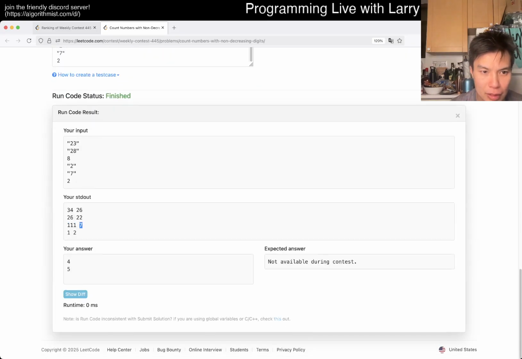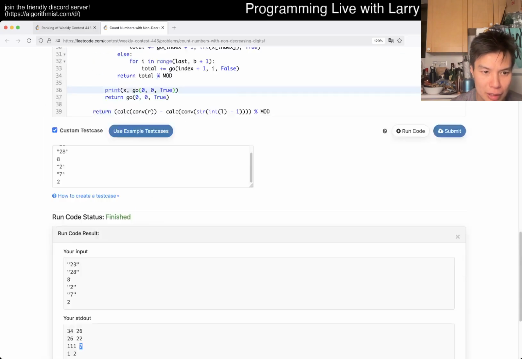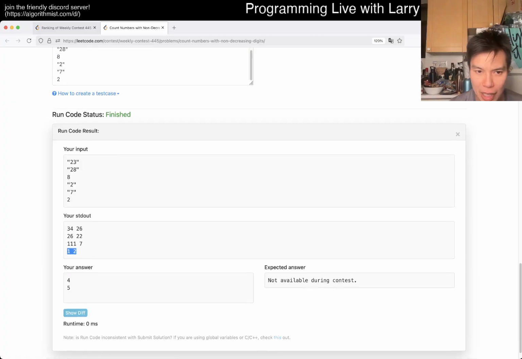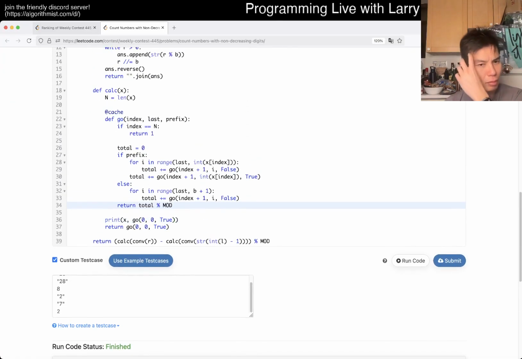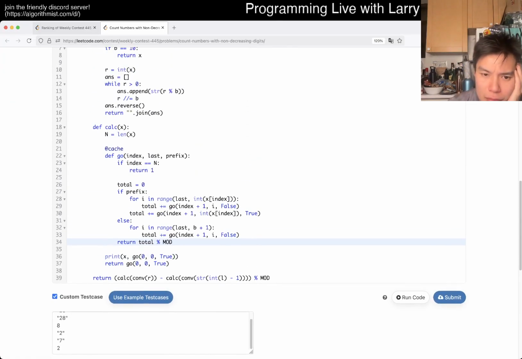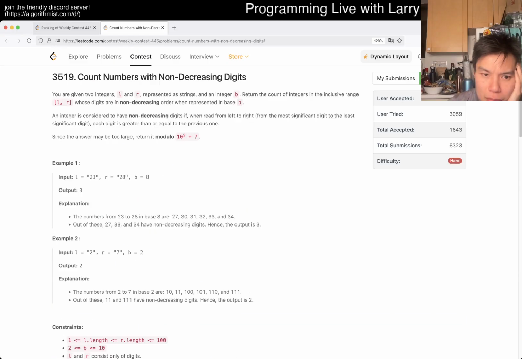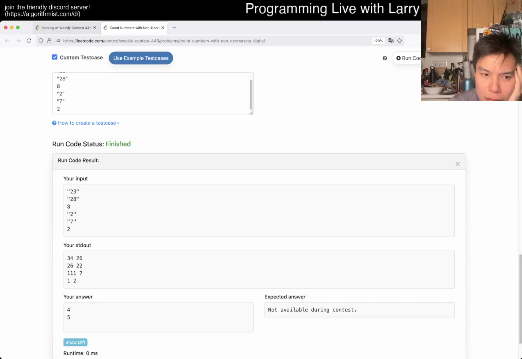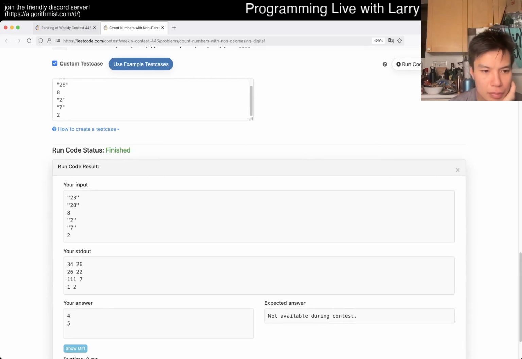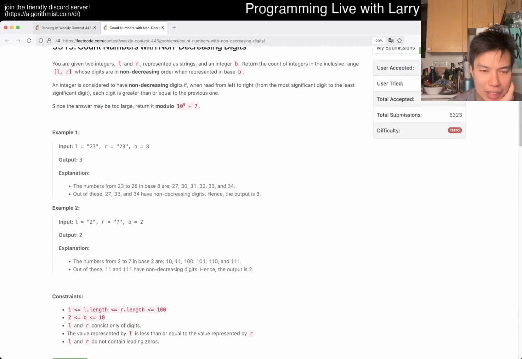So this 7. So all 7 is thing, and this is all 2, which is definitely not right, right? Hmm. 26. No, that's just every number underneath.